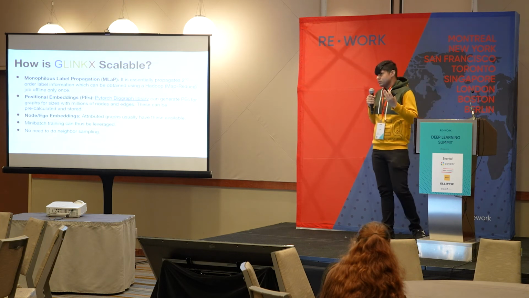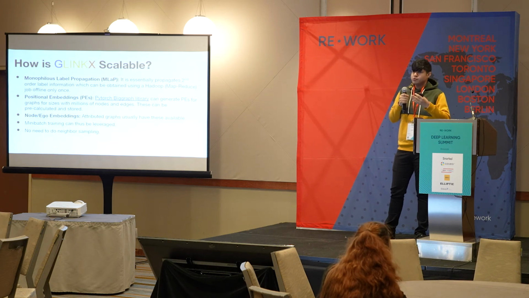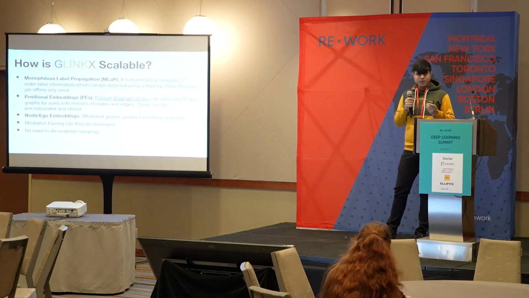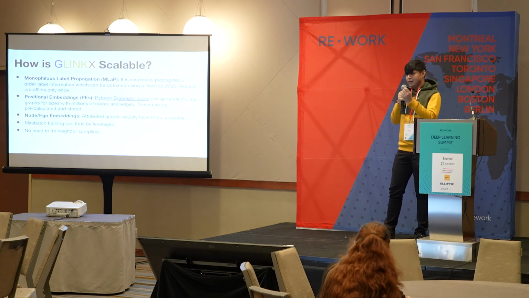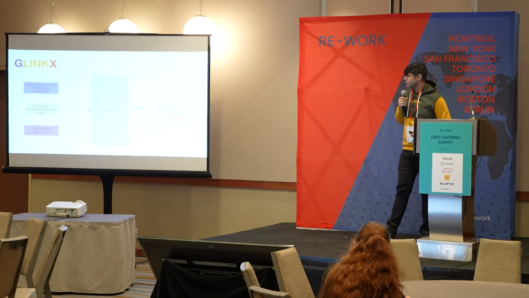So you can just use mini batch training, which is usually well supported if you're using machine learning in a company. Mini batch training means that you just sample IID from your data set and train your model on that. And as I said, there's no need to do any neighborhood sampling.